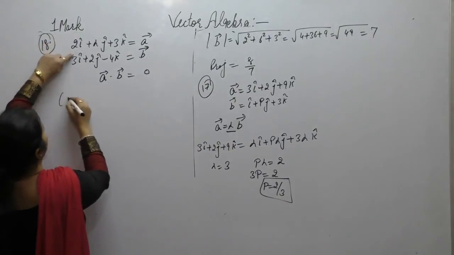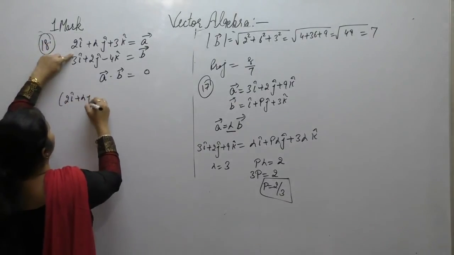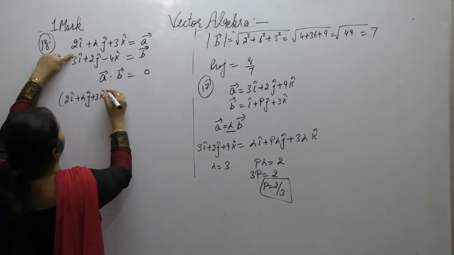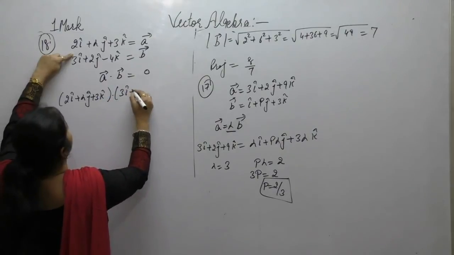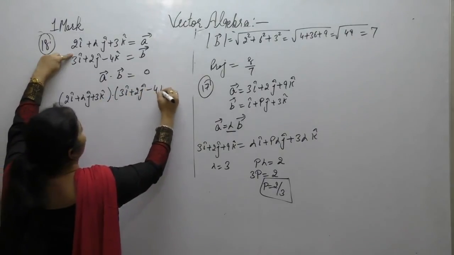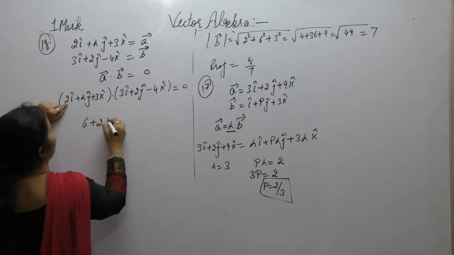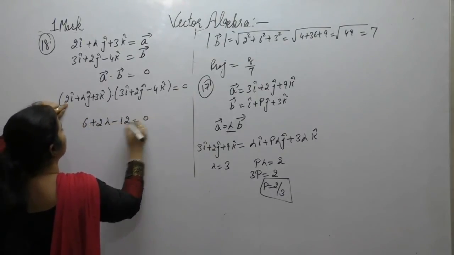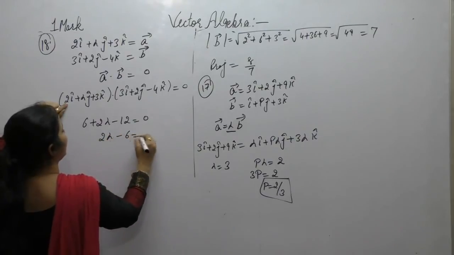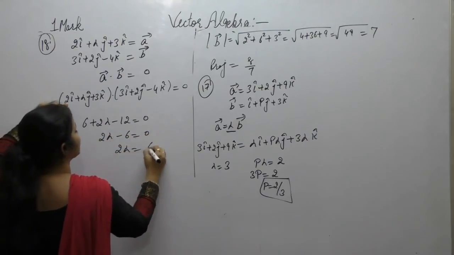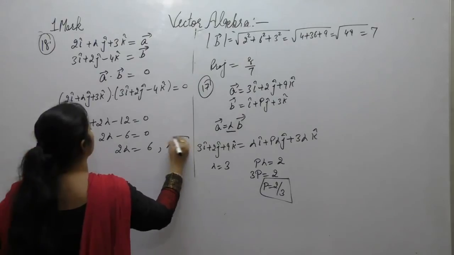Take the dot product: 2 into 3 is 6, 2 into lambda, 3 into 4. 6 minus 12, 2 lambda is 6, so lambda is equal to 3.